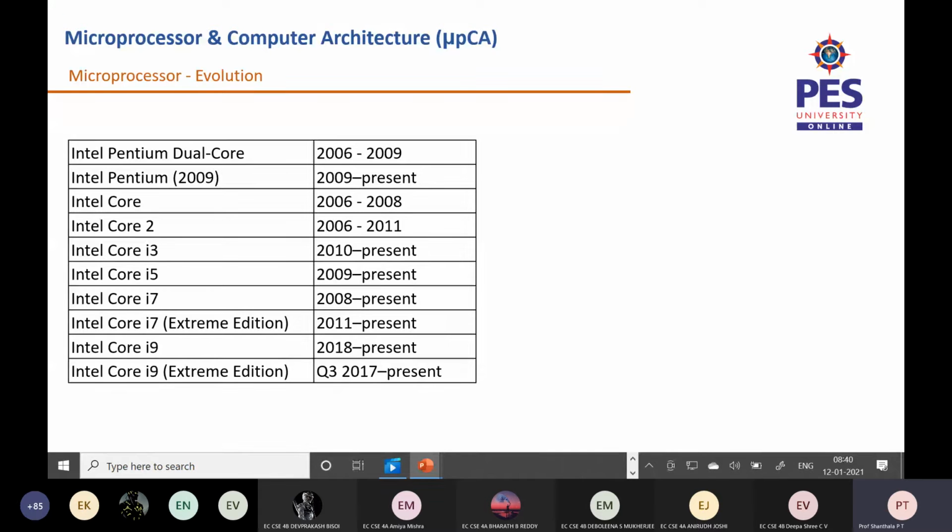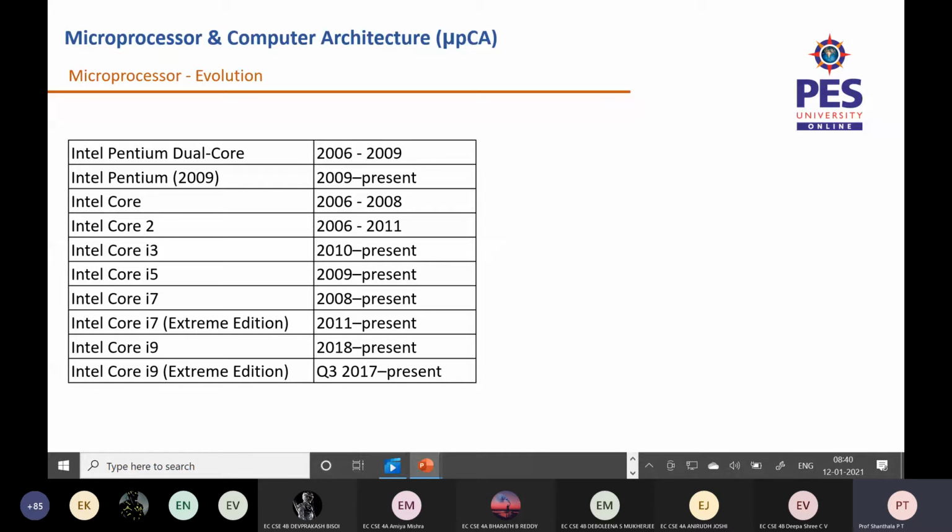Nowadays you will get 8 core and 16 core processors in desktop applications as well as in your mobile phone also. Along with Intel, there are other manufacturers like AMD and Sparc, which were parallelly manufacturing processors competing with Intel, but Intel occupied the market and is more popular.